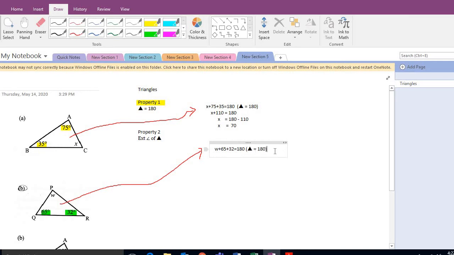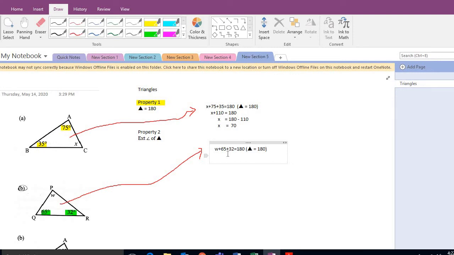There's my reason: angles in a triangle add up to 180 degrees. And then let's do 65 plus 32, and then take it from 180, and that's 83.